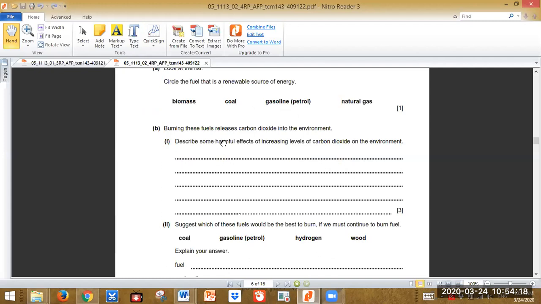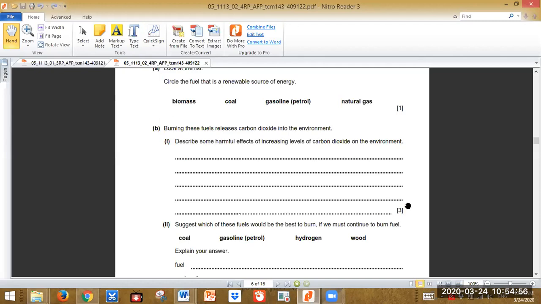B. Burning these fuels releases carbon dioxide into the environment. Describe some harmful effects of increasing levels of carbon dioxide on the environment. You may write the increasing of carbon dioxide percentage in the environment may cause global warming, or it will cause melting of the ice, climate change, or the sea level will rise, something like this.